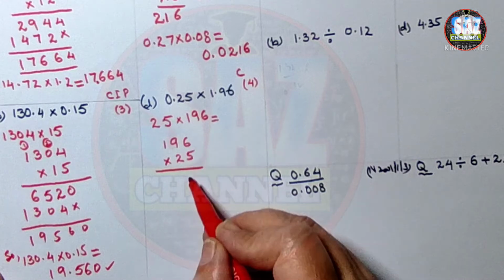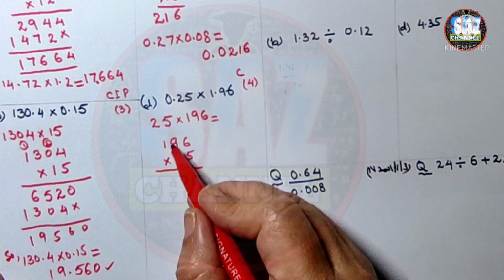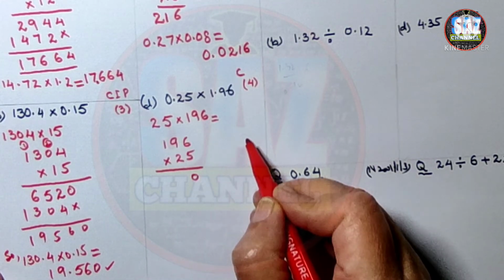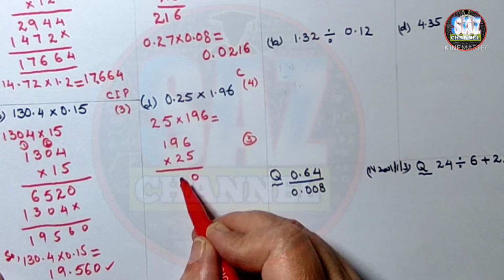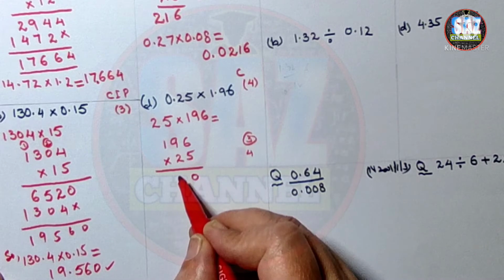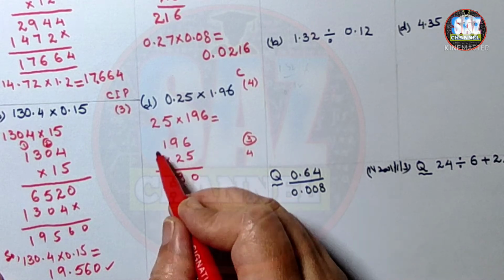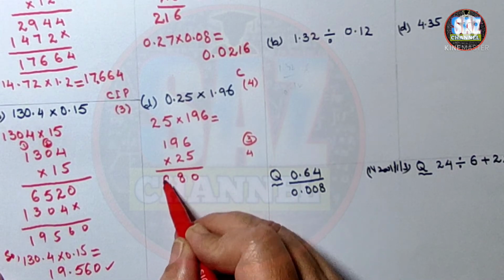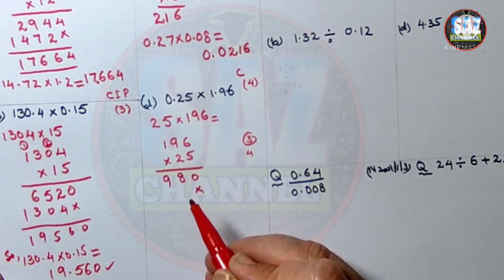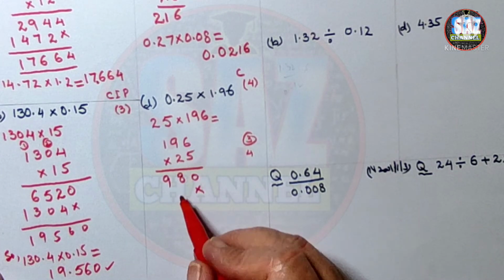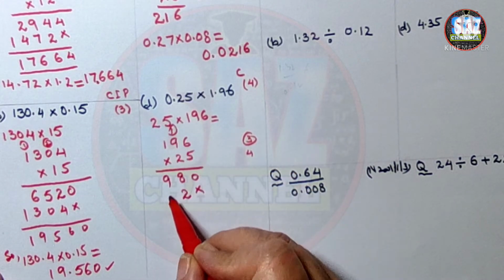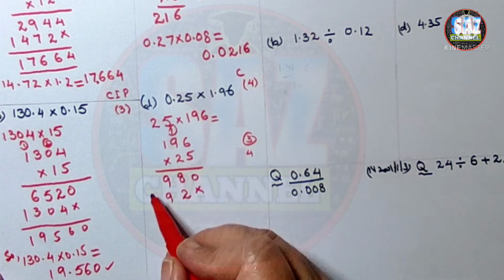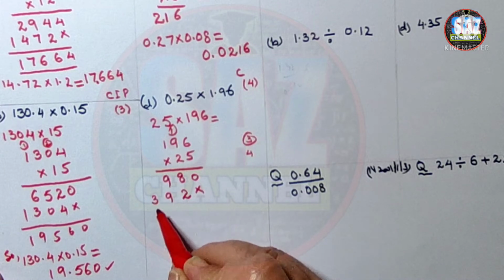6 5s are 30, table of 5. 9 5s are 45, and those 3, 9 5s are 45, 46, 47, 48, 8 over here, and 4, 5 1s are 5, and 4, 9. And then coming to the second digit, 2 6s are 12, 12, and 2 9s are 18, and 1 19, 2 1s are 2, and 1 3.